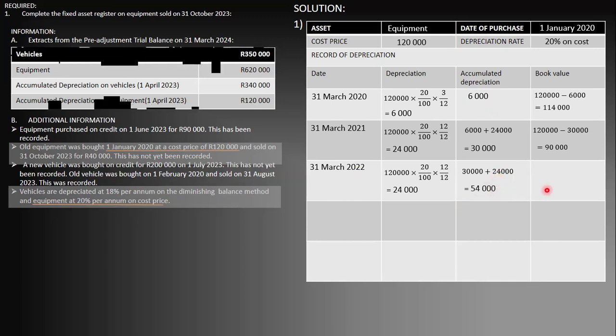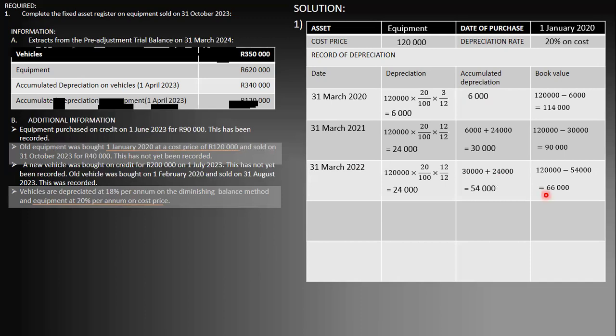And now the book value of this equipment at the end of this financial year will be, we take the 120,000, we subtract the new accumulated depreciation, which is 54,000. And that's what we write here. And then from there, we just plug all of this into the calculator. We get that the book value of this equipment is 66,000, right?